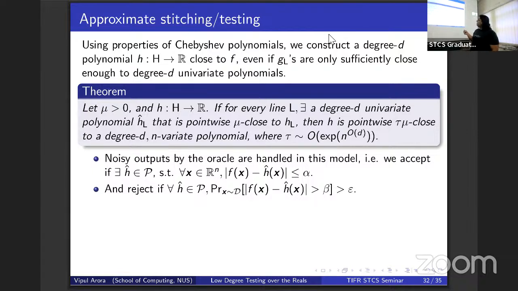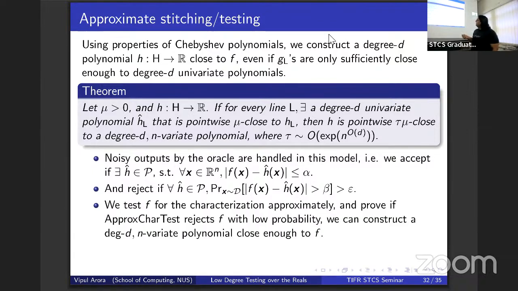So beta is a multiple of alpha over here. So we test f for the characterization approximately in this case. Instead of testing whether the linear form summation alpha f of x plus ih is 0, we test whether that is small. And you prove that if the Ross characterization test accepts f with high enough probability, then you can construct a degree D n-variate polynomial that is close enough to f.